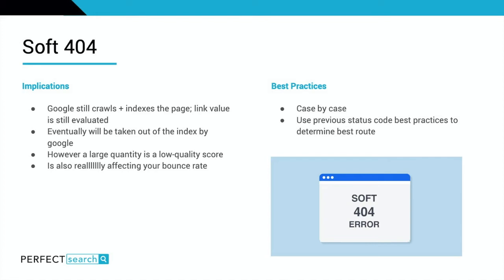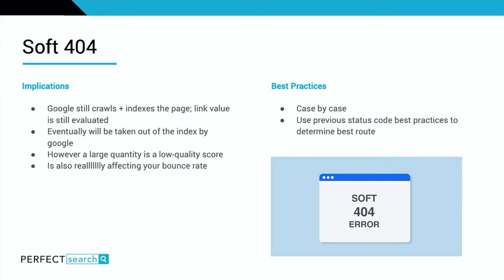Some implications of this: Google will still crawl and index the page, and the link value is still evaluated, because technically it is a 200 status page, but it's just not providing any value. Eventually, it'll be taken out of the index by Google, but if you have a large quantity of them, that could affect your page authority and also your bounce rate.